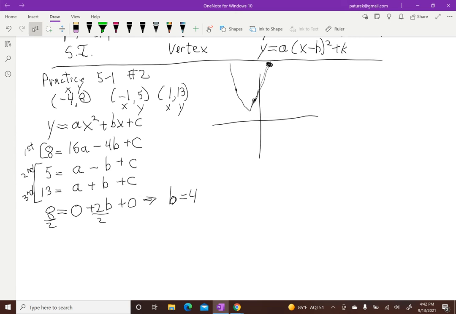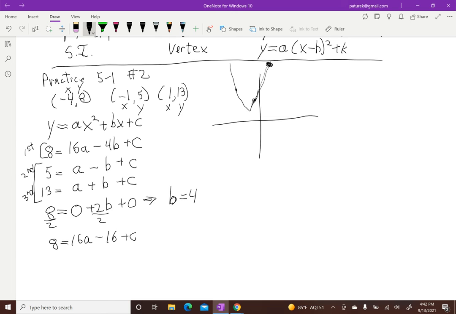I'm going to suggest that, what the heck, I'm going to go ahead and do that. So the first equation with b equals 4 becomes 8 is equal to 16 times a minus 4 times 4, which is 16, plus c.